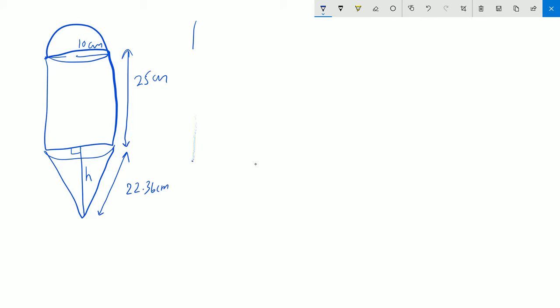For this whole figure, we have a total height of 45 centimeters.